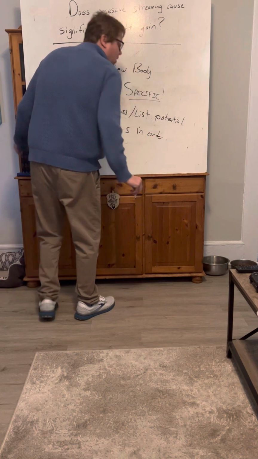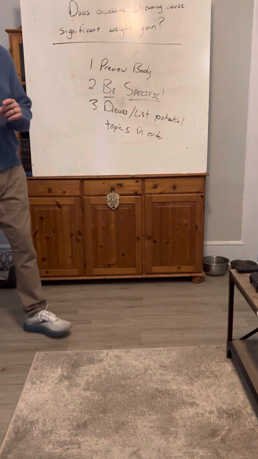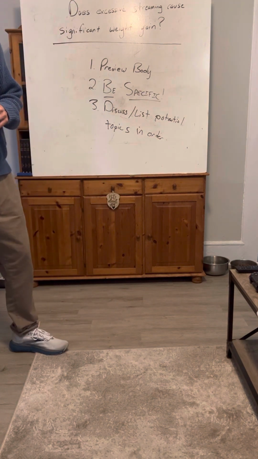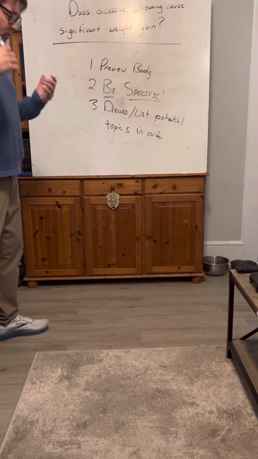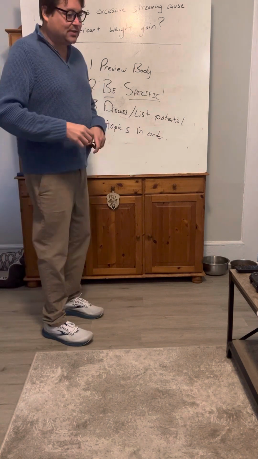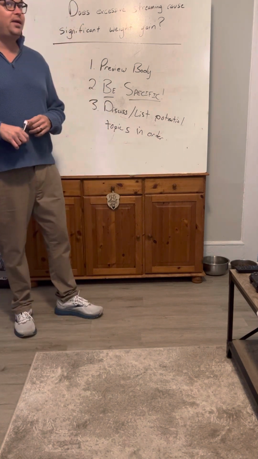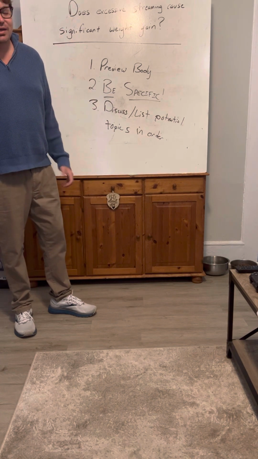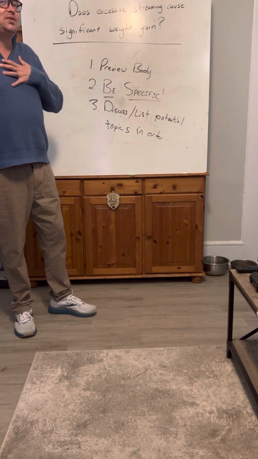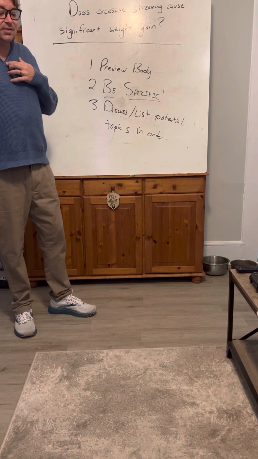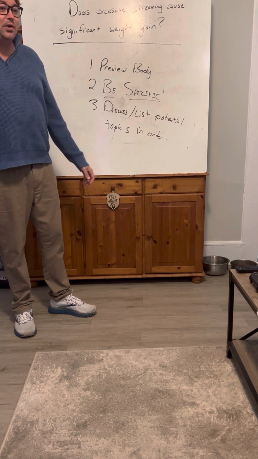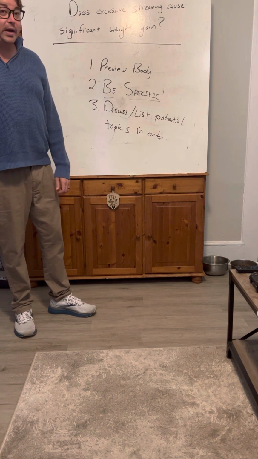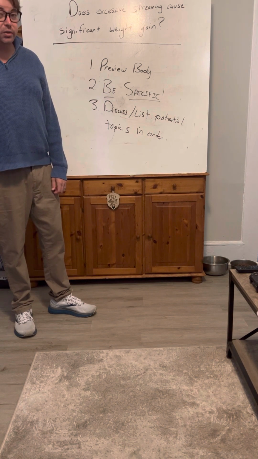So, let's keep it really simple. Let's say I was going to write a 5-paragraph essay on the primary colors. And my thesis statement was something along the lines of, the 3 primary colors are red, yellow, and blue.